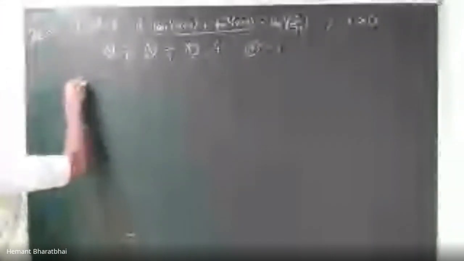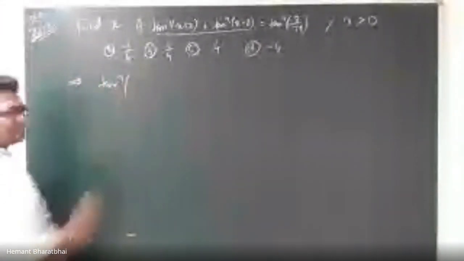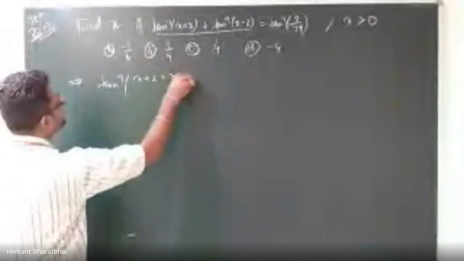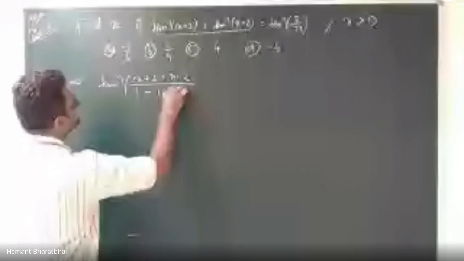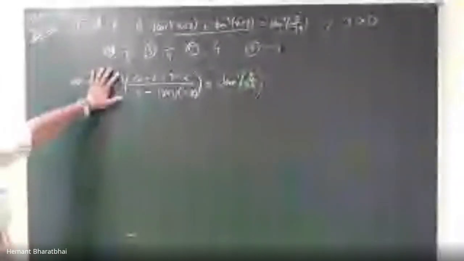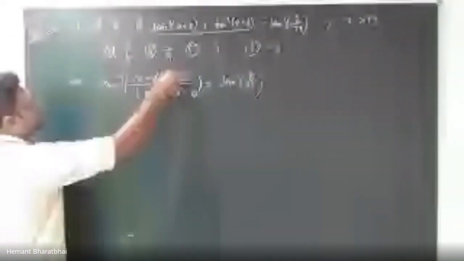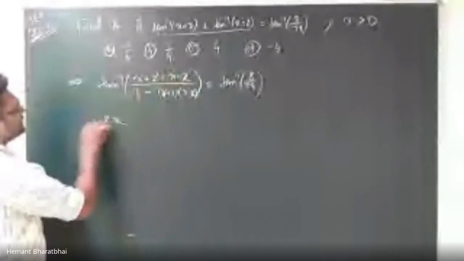Formula: tan inverse of x plus tan inverse of y is nothing but tan inverse of (x plus y) upon (1 minus x into y). Here, (x plus 2) and (x minus 2) is equal to tan inverse of 8 by 79. So now you have tan inverse here also and tan inverse here also, so the tan inverse cancels. This 2 is getting cancelled.